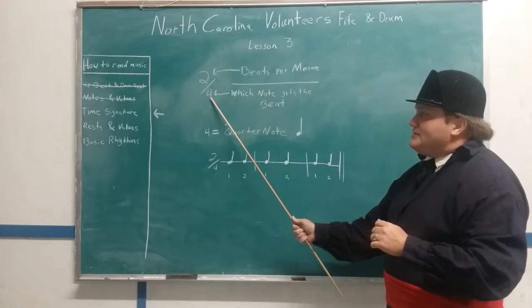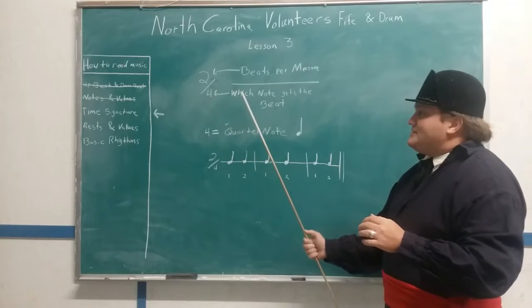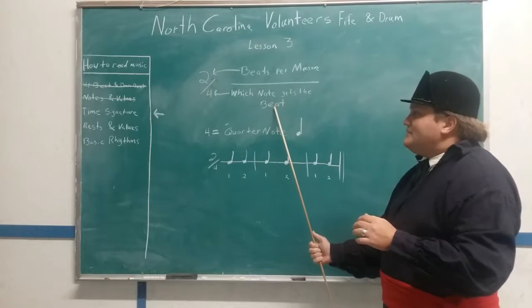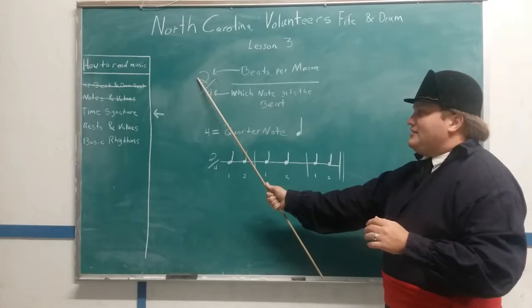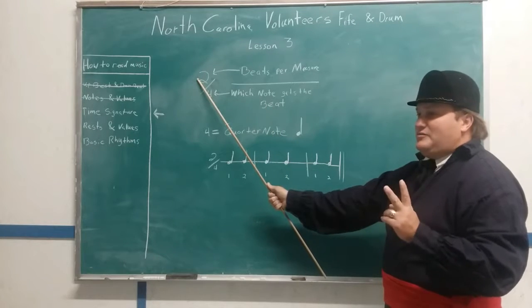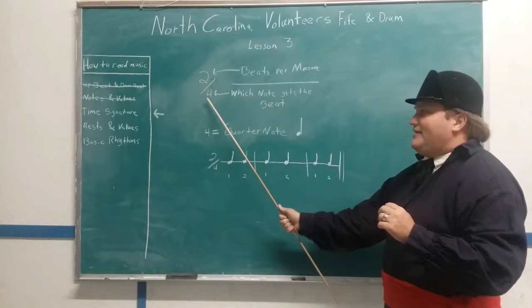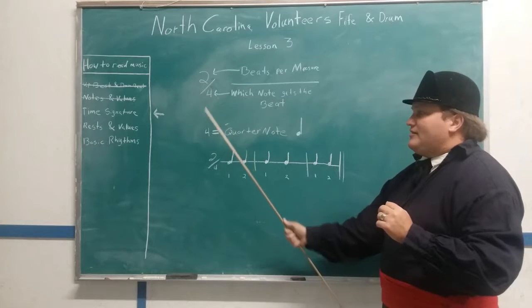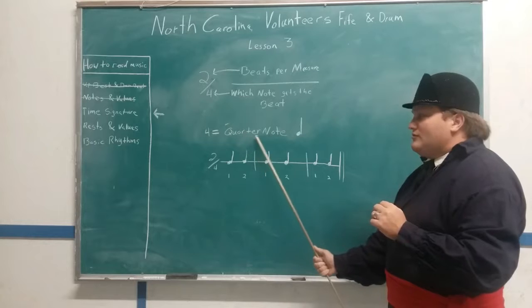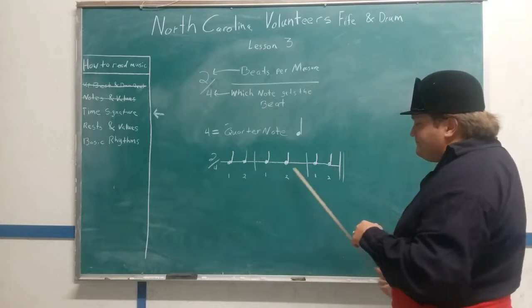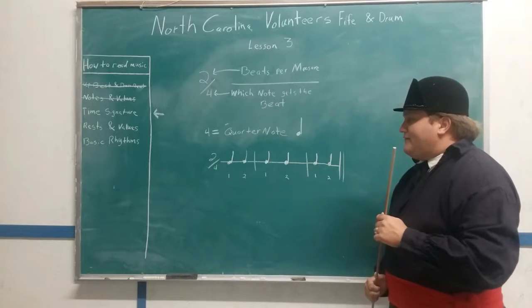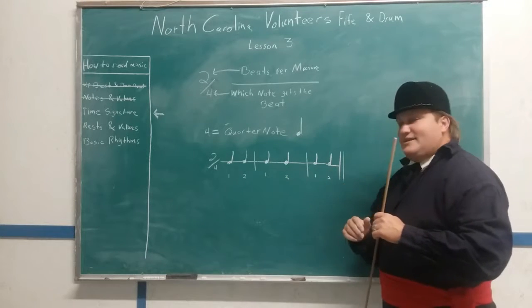And the bottom number is which note gets the beat. Okay, so if there's a 2 here, we know that there are 2 beats per measure, and a 4 is a quarter note.